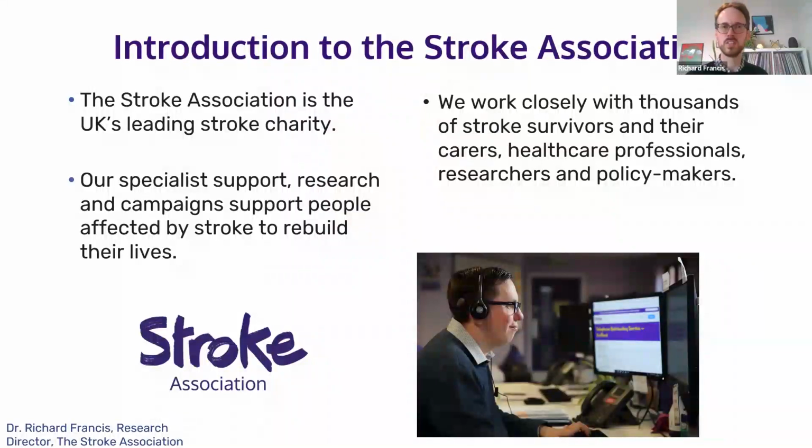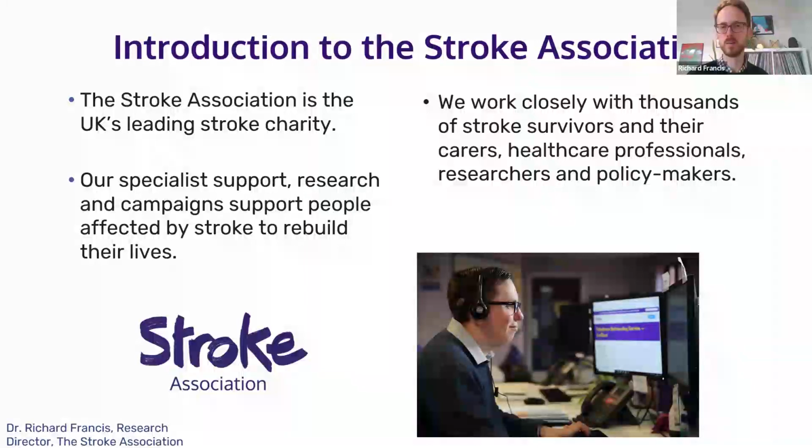Who's the Stroke Association? We're the UK's leading charity dedicated to helping people that have a stroke. We provide specialist support. This includes coordinators who go into people's homes when they come out of hospital, helping them navigate their life after stroke.